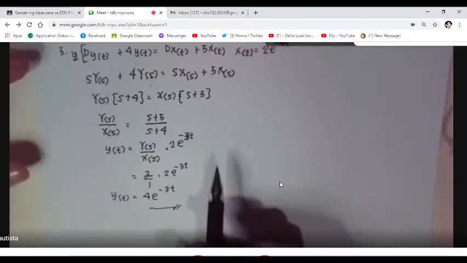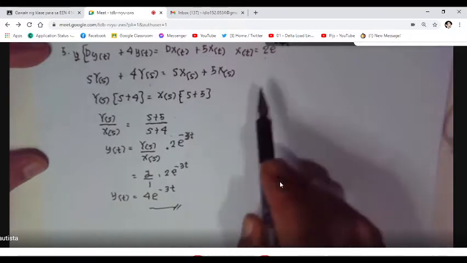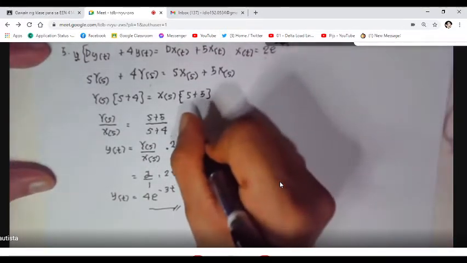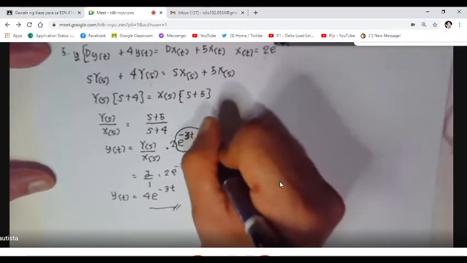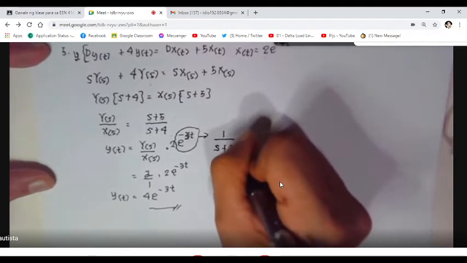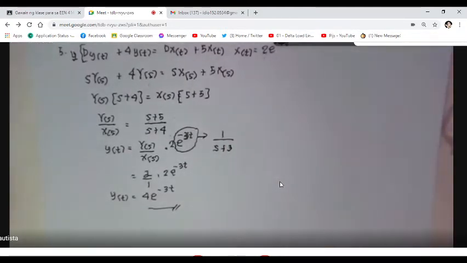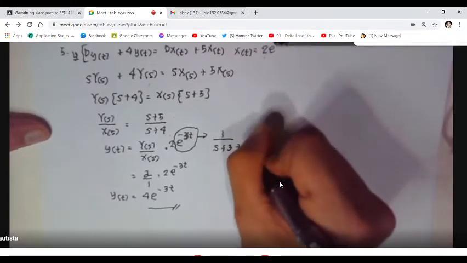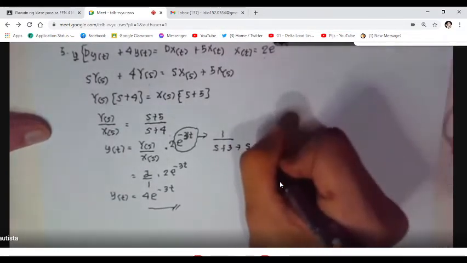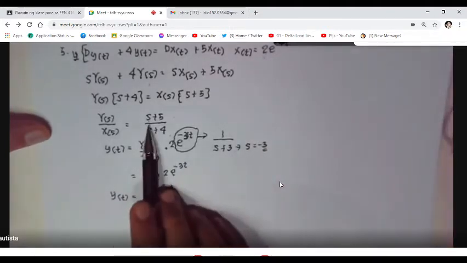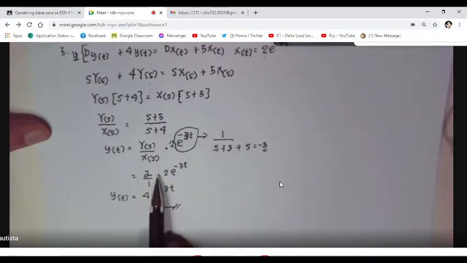Okay, now, bakit ko sinubstitute yung exponent nito sa s? O, di ba? Kukunin ko yung Laplace nito, that is 1 over s plus 3. Okay? So, mayroon tayong root, that is s, di ba, is equal to negative 3. So, yung negative 3 na yan, yun yung sinubstitute natin dito. So, negative 3 plus 5, you have 2.